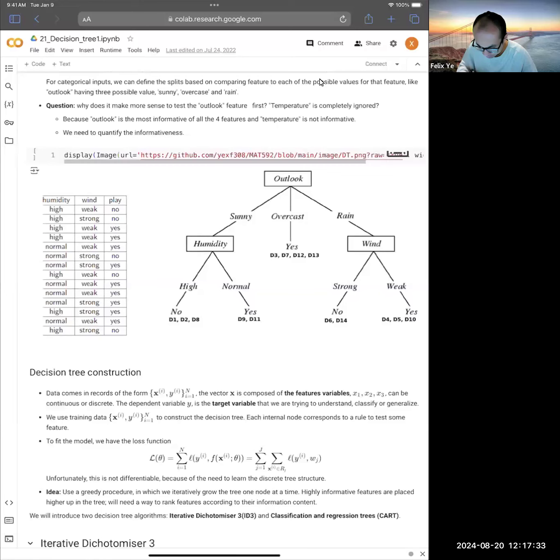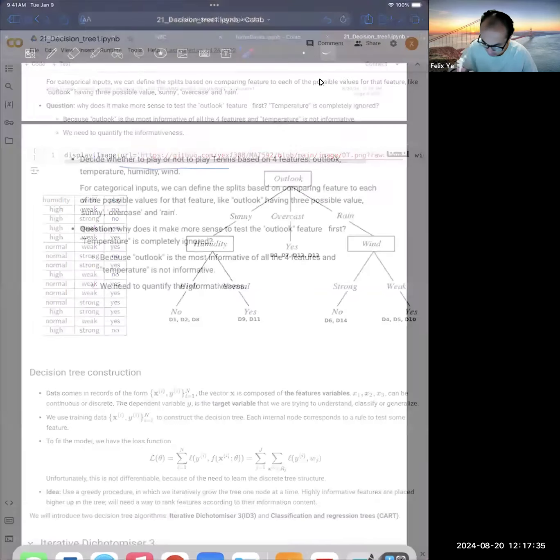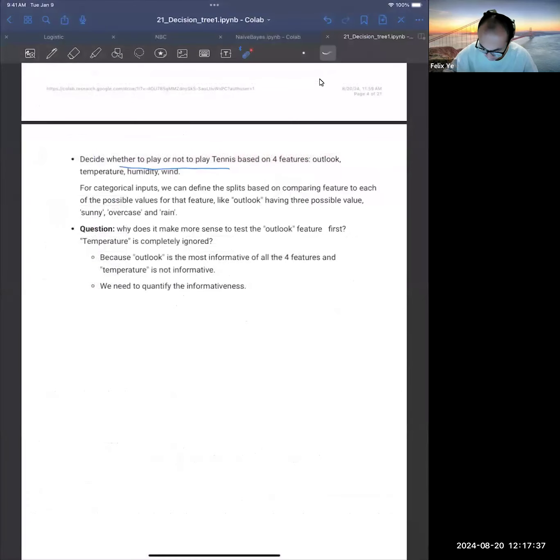Okay, so now I have two questions. Why do we have to test the outlook feature first? And also, the temperature feature is completely ignored. So the whole idea is that outlook is the most informative out of the 4 features, right?